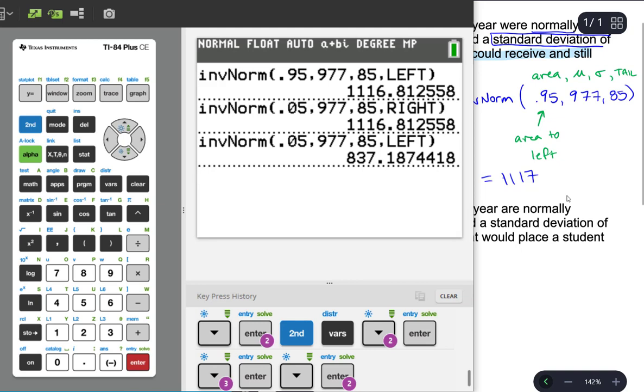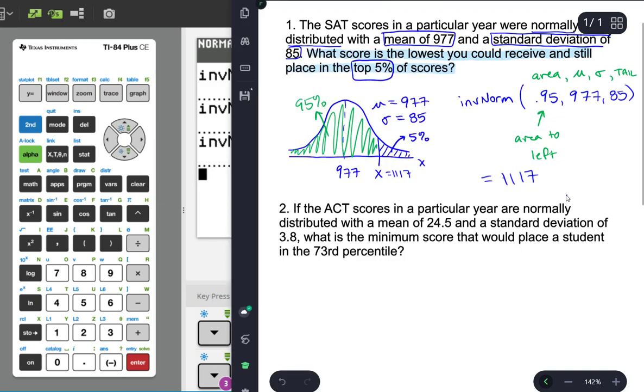All right, let's try this next example. If ACT scores in a particular year are normally distributed with a mean of 24.5 and a standard deviation of 3.8, what is the minimum score that would place a student in the 73rd percentile? Okay, so we have, again, a normally distributed set of data, and it has a mean this time of 24.5 and a standard deviation of 3.8.